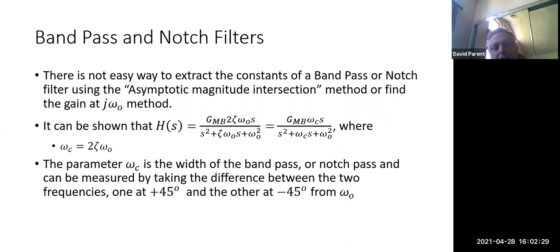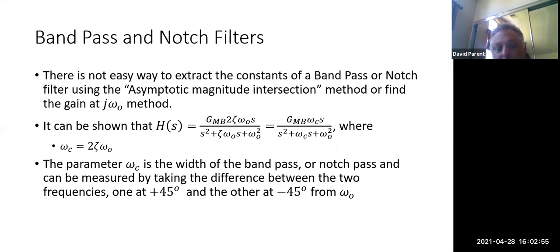This is a bit of a shortcut, or it's something you kind of just have to remember. With band pass and notch pass filters, you can't really extract zeta at omega naught because things cancel out and you're left with too many unknowns and not enough equations.